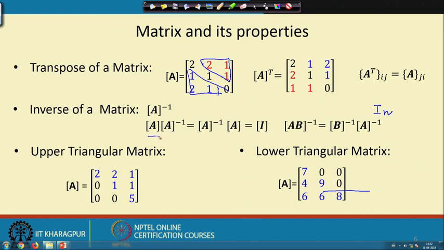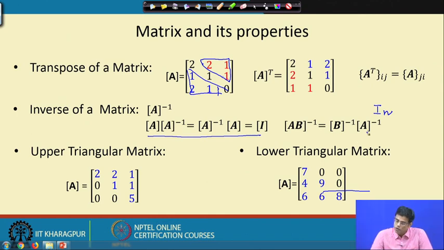So, this you have probably learned in your first year course, and one of the properties of the inverse is that (AB) inverse, that means the product of two matrices and then taking its inverse, is B inverse A inverse. So, these properties can be validated for the 3 cross 3 matrix, or they can be proved also, but we will not go into details of this proof because we will just use it here.